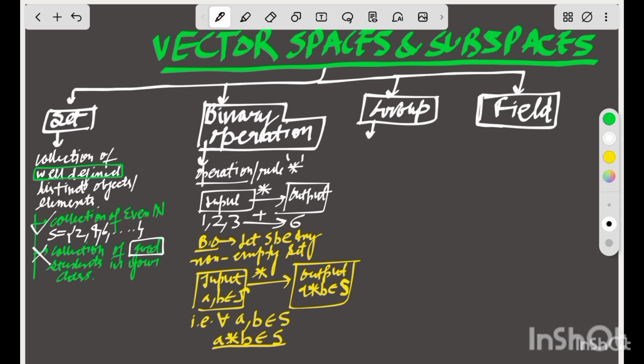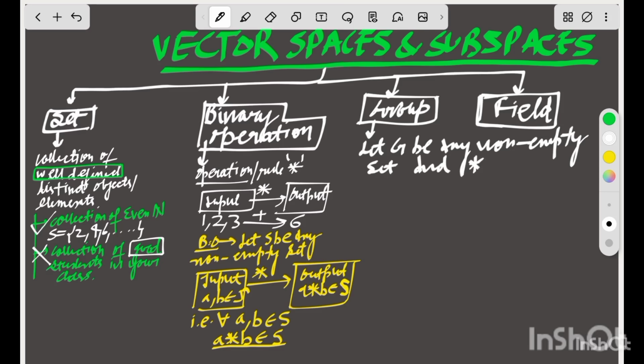Next is group. Group is also a set. Let G be any non-empty set, and star be any binary operation. If this set satisfies 4 property with respect to the operation star, then we called that set to be a group.